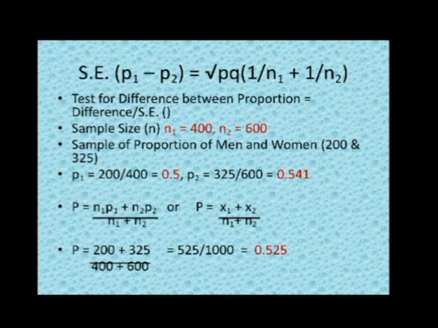Next we have to move to the next formula. See above, the standard error formula I gave, that is the root of PQ. So next we have to find P. The P formula is N1P1 plus N2P2 divided by N1 plus N2.